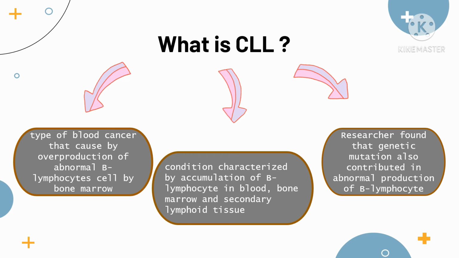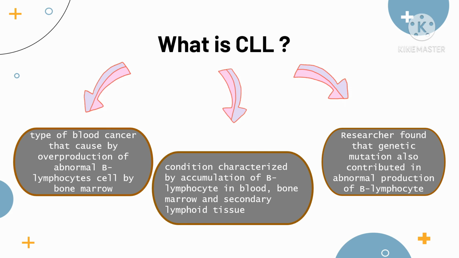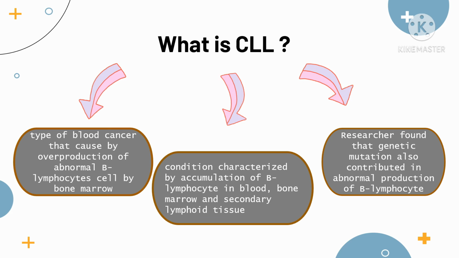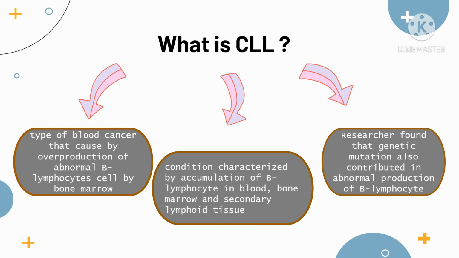Researchers also found that genetic mutation may contribute to abnormal production of B lymphocytes. The specific gene affected is uncertain, but in most cases of CLL, chromosomes 11, 12, and 17 are detected to undergo deletion. This condition may affect the DNA of blood-producing cells.